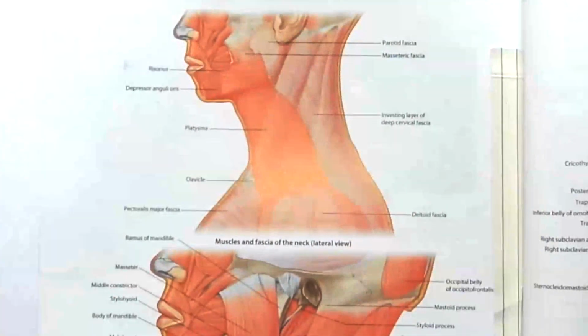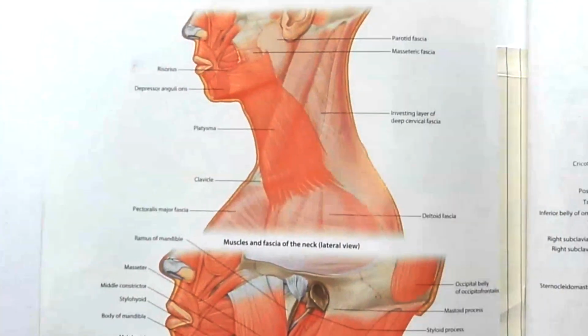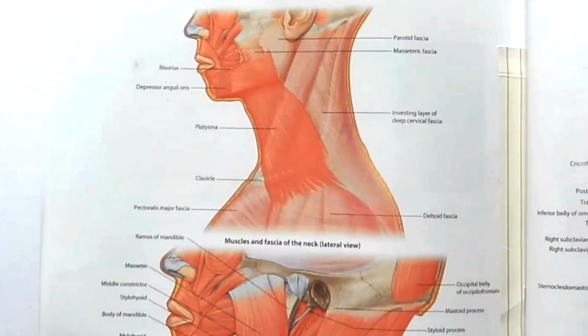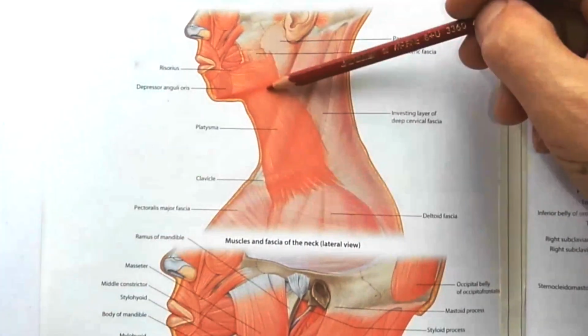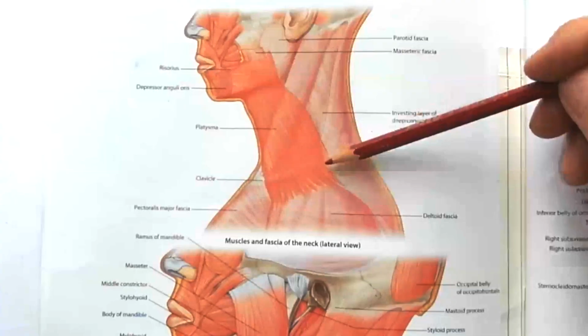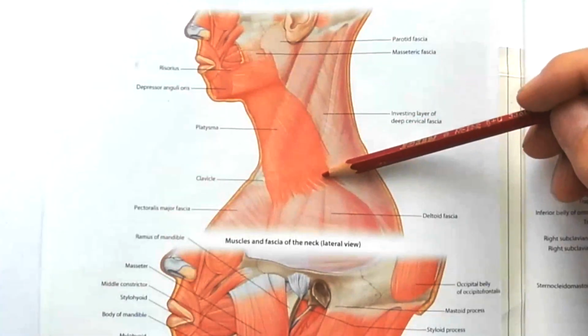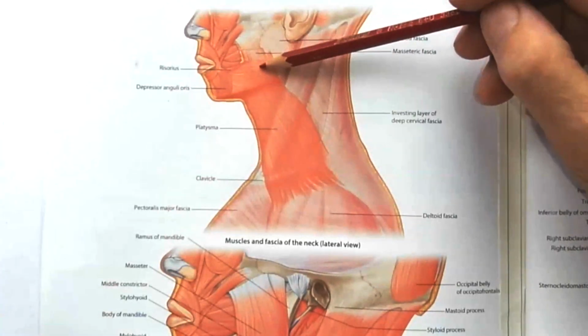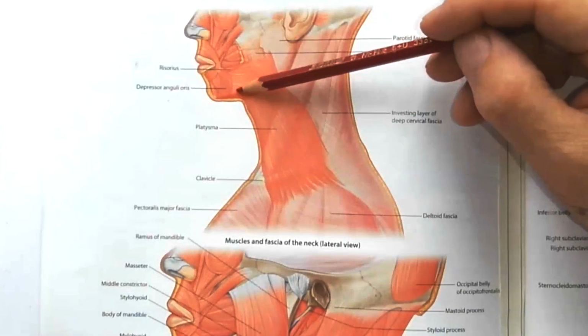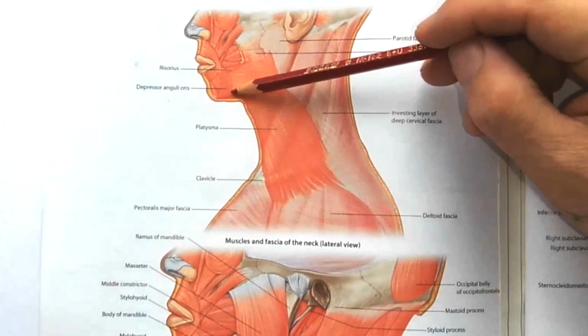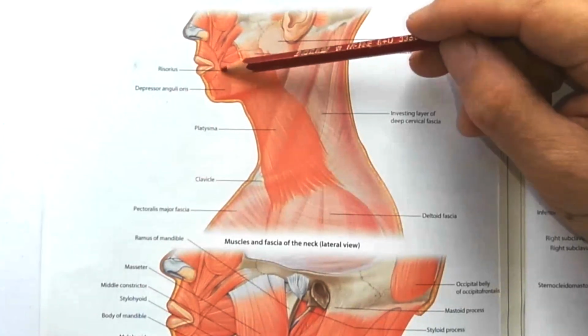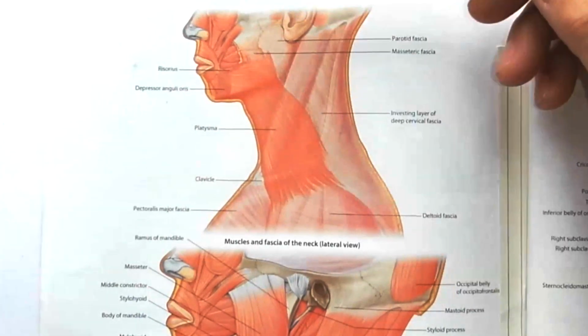Of course, what we see is the platysma. Fine, platysma crosses the mandible, originates from the level of the first, second rib, and then ascends. In fact, it is attached also to the fibers of the depressor labii inferioris and depressor anguli oris.